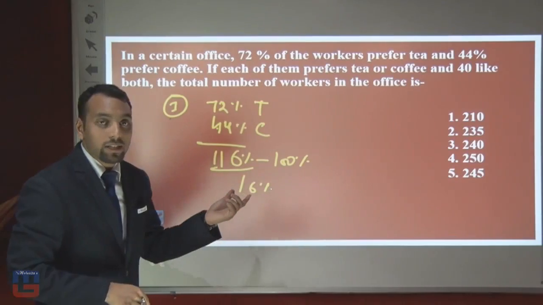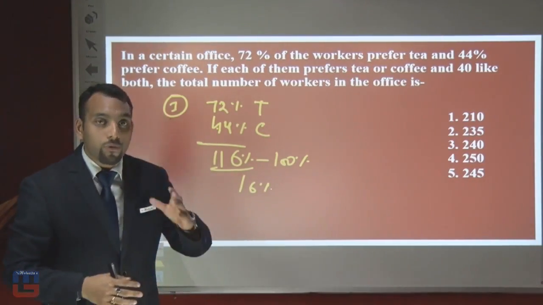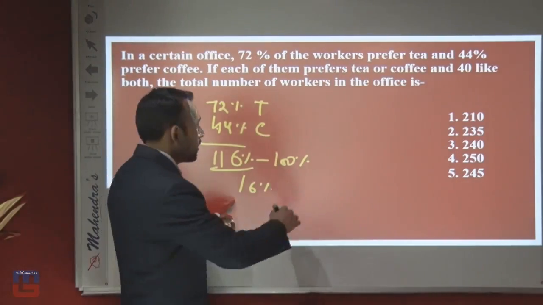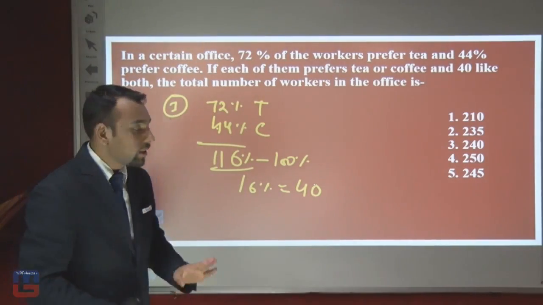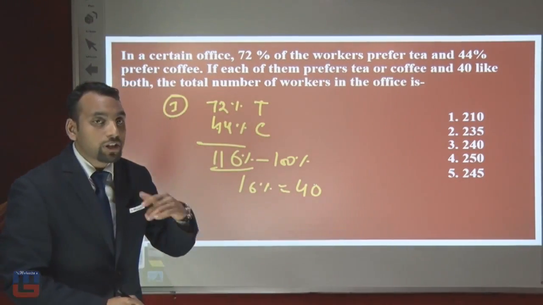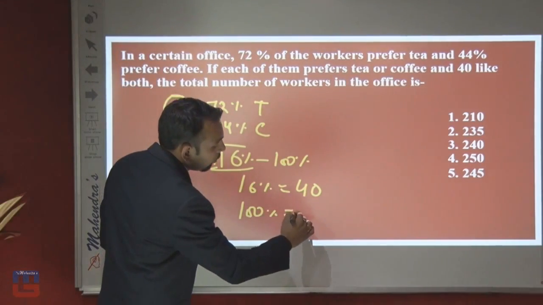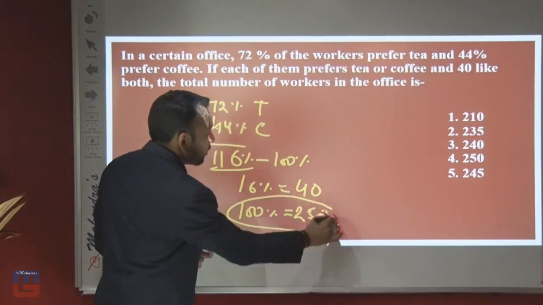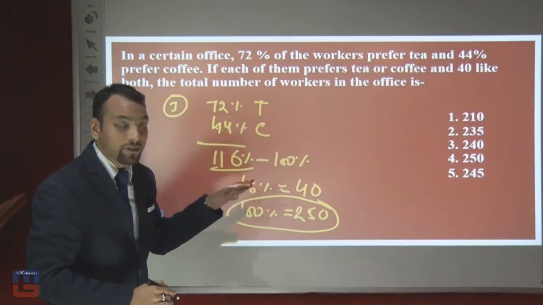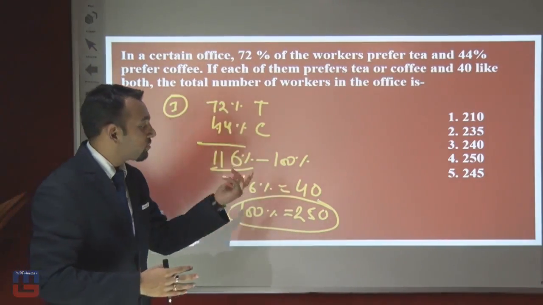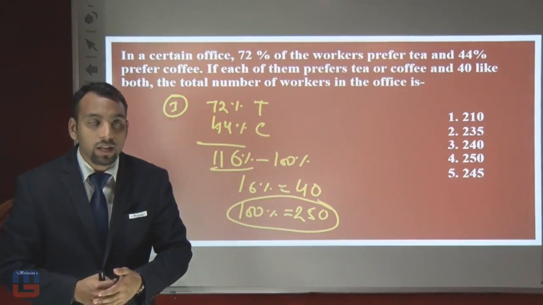This 16% are those people who like both, and what we have given here is that 40 like both. So directly we can say that 16% will be equal to 40. We have to find 100%. So 100% will be 250. So that is the first method to do this question, directly you can calculate. You have to find the percentage of both, and then percentage equals value, so find 1%, then 100%, and you can calculate the value.